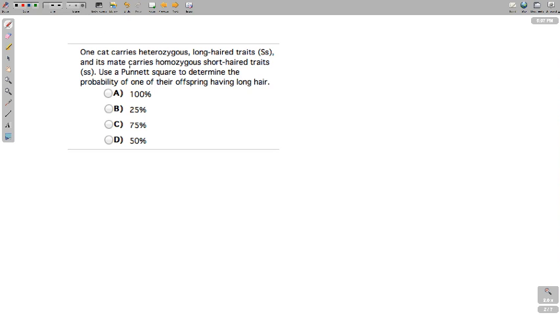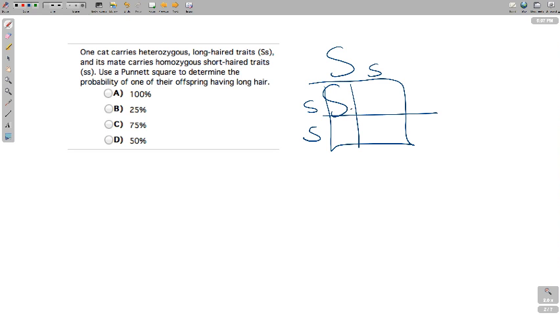What do we have? A long-haired cat, heterozygous, and it mates with a homozygous short. This is the same problem as before. Heterozygous, short. Yeah, this is 50-50. Chances of offspring having long hair: big S, little s, big S, little s, little s, little s, little s, little s.